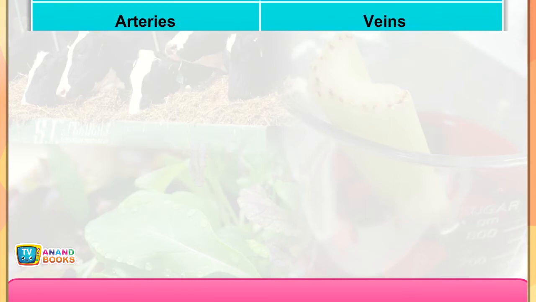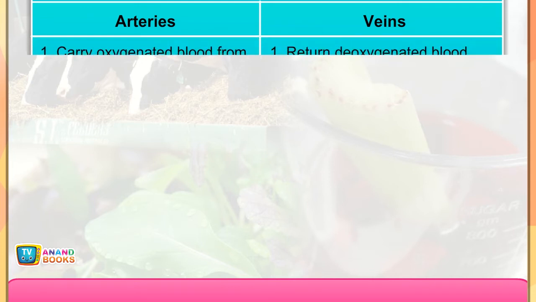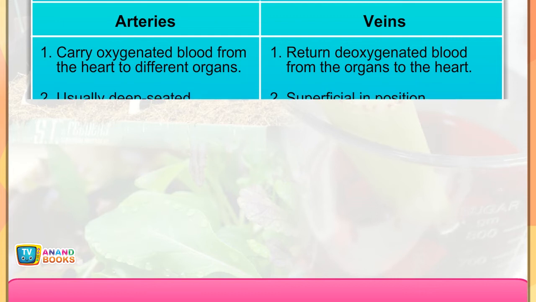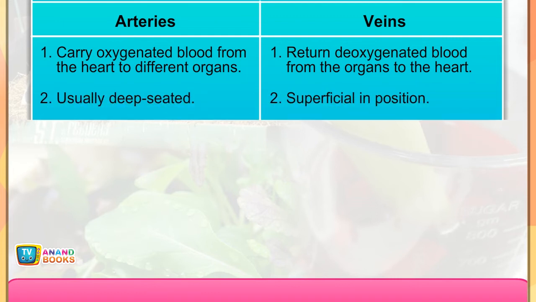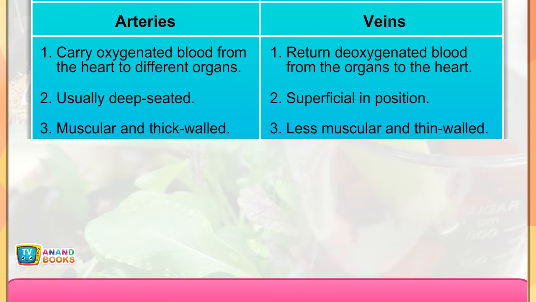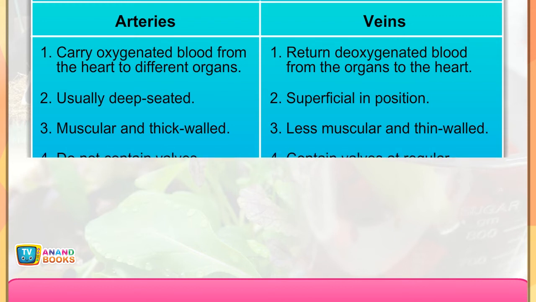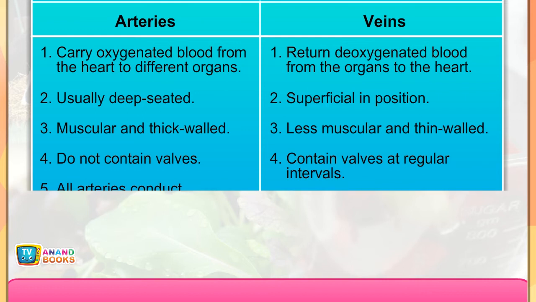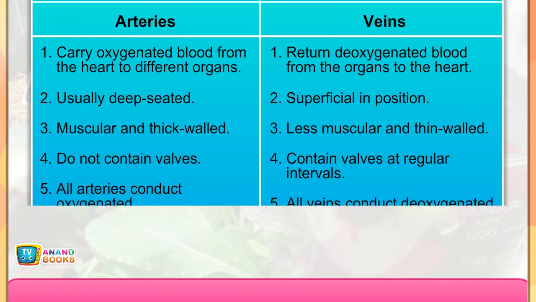Difference between arteries and veins. Number 1: arteries carry oxygenated blood from the heart to different organs; veins return deoxygenated blood from the organs to the heart. Number 2: arteries are usually deep-seated; veins are superficial in position. Number 3: arteries are muscular and thick-walled; veins are less muscular and thin-walled.